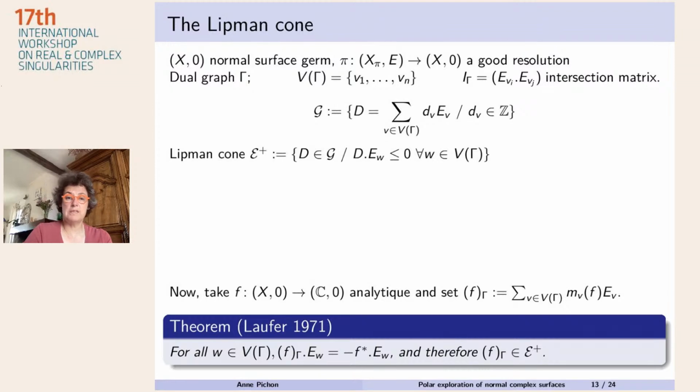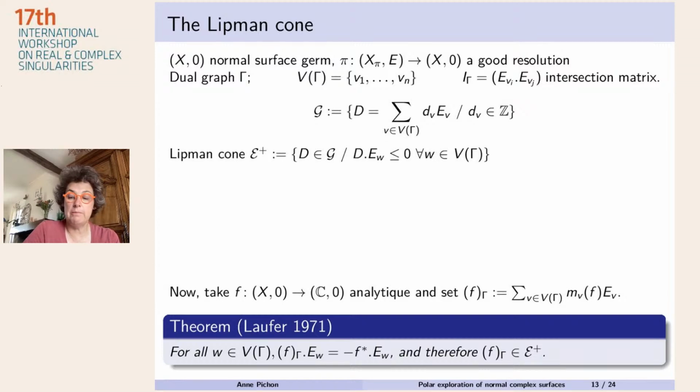And so now we would like to argue on the Lipman cone. The problem is that not all points of the Lipman cone are, if you fix the surface X0, not all the points of the Lipman cone are associated with the divisor of such an analytic function.